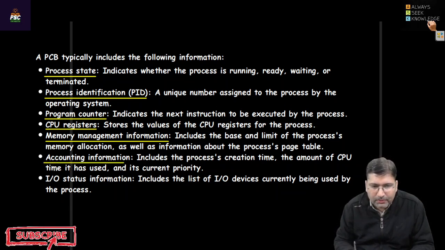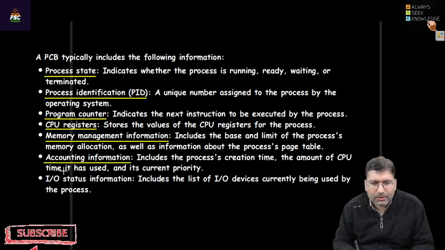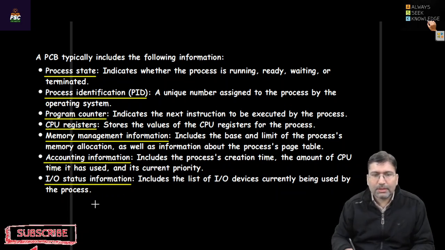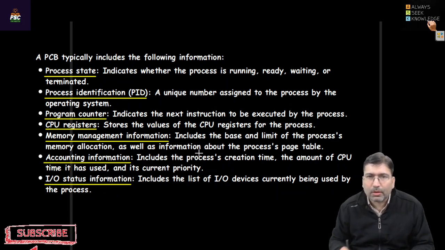Then some accounting information, like the creation time of the process, the amount of CPU time it has already used, its current priority, and so on. And then IO status information, which includes the list of IO devices currently being used by the process. So all these things are available in the process control block.